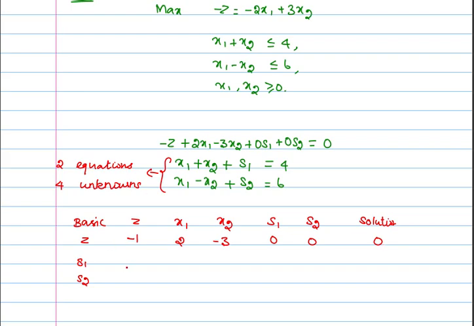In the first equation there is no z, so 0, then 1, 1, 1, 0, 4. In the second there is no z, so 0, 1, minus 1, 0, 1, 6. So this is the initial simplex table.